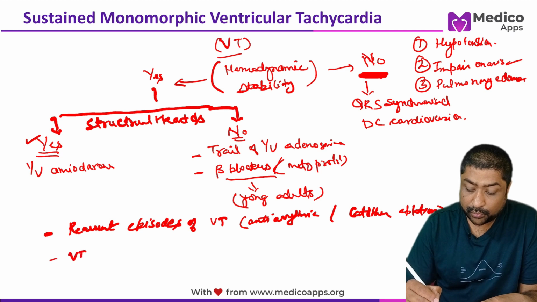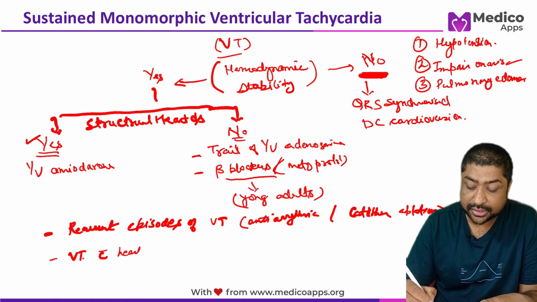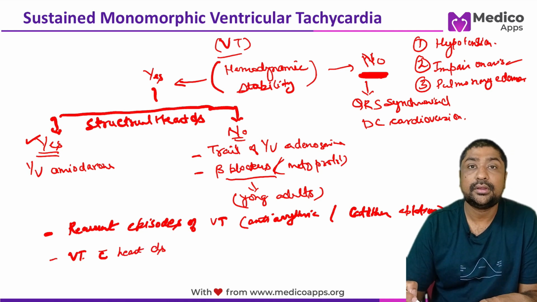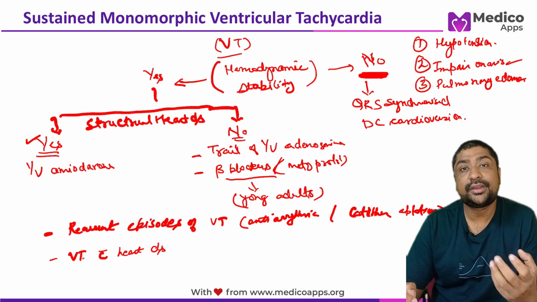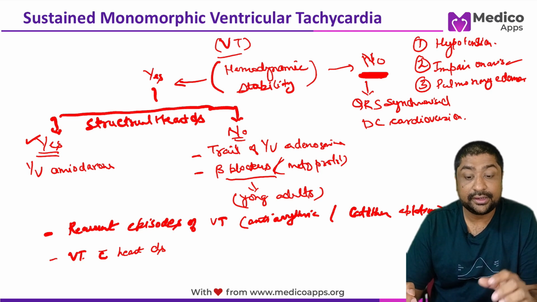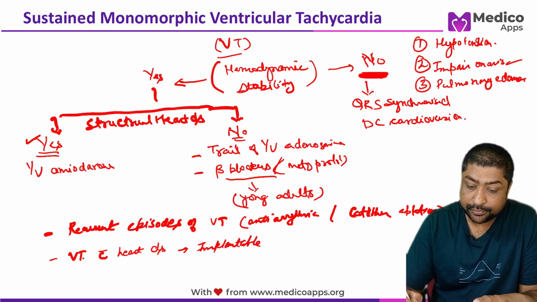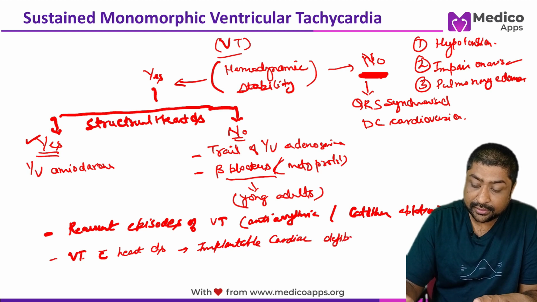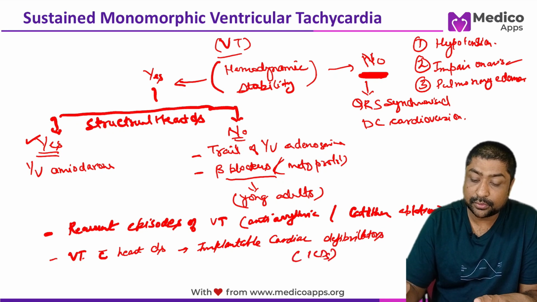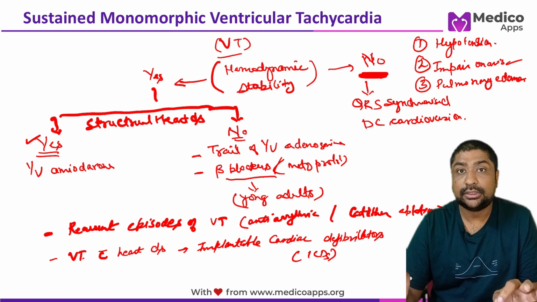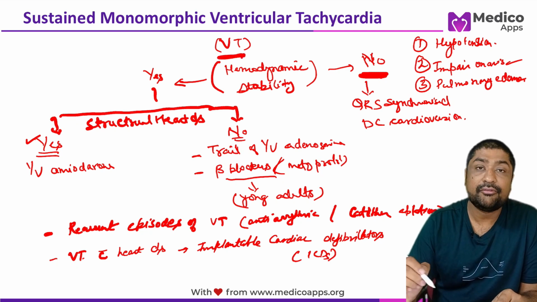Now, what can we do for patients who have ventricular tachycardia and have some structural heart disease? They may have very life threatening ventricular tachycardia. So here we will go for implantable cardiac defibrillators, also called ICDs. So this is how you will approach the management of any patient who is having ventricular tachycardia.